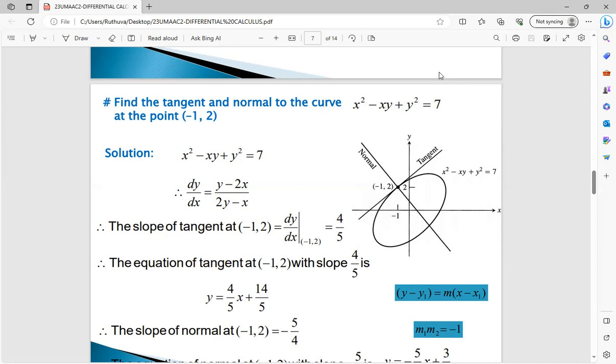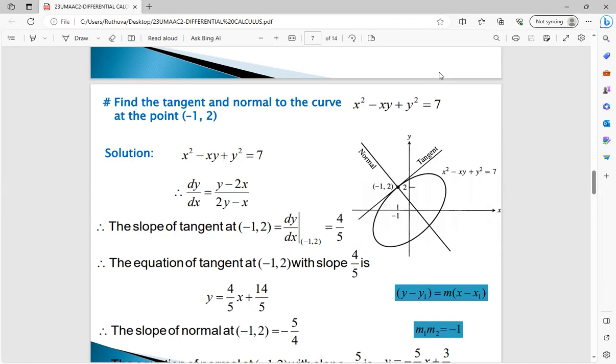Then we have to put the point, because they gave the point as minus 1 comma 2. So on the x-axis we plot minus 1 and on the y-axis we plot 2. That point lies on the curve, that means x squared minus xy plus y squared equals 7.